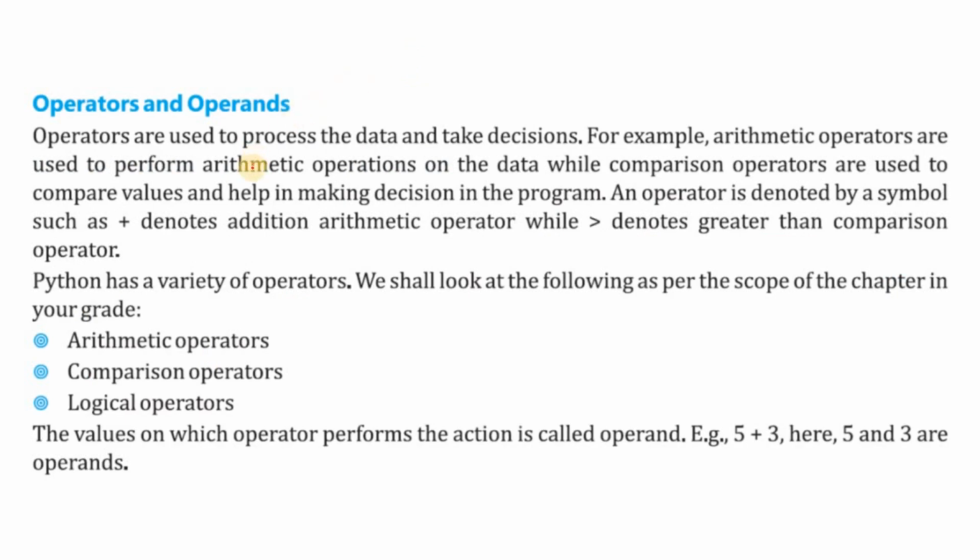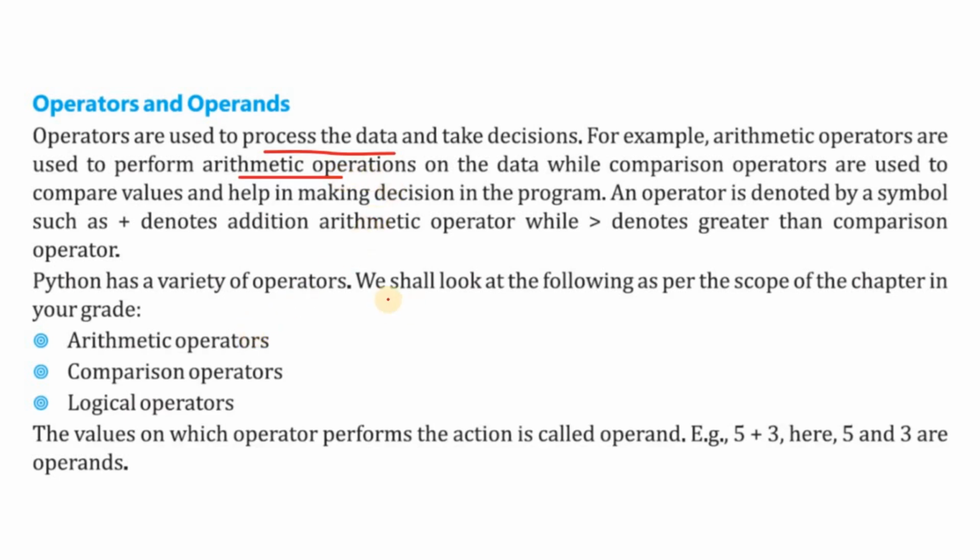You see, operators are used to process the data and take decisions. For example, arithmetic operators are used to perform arithmetic operations, but not all operations are arithmetic, right? We also have logical operations, and for that we have logical operators. Okay.